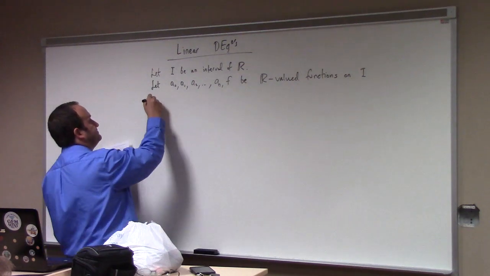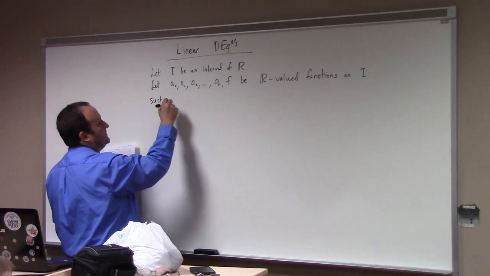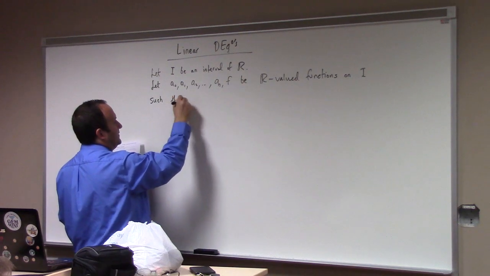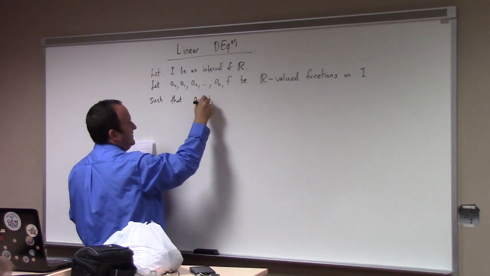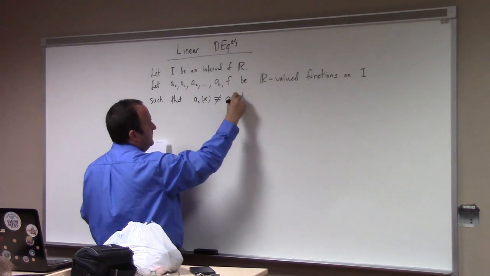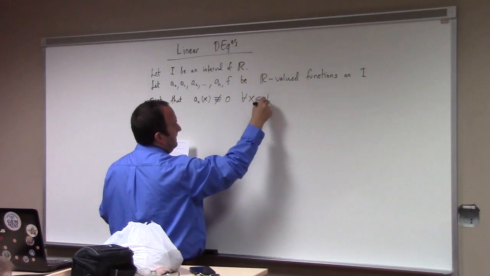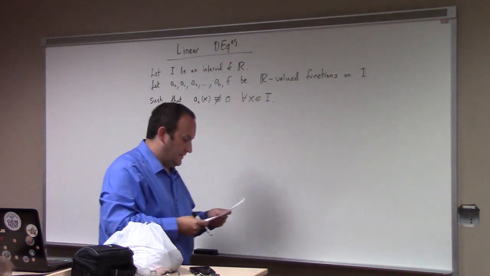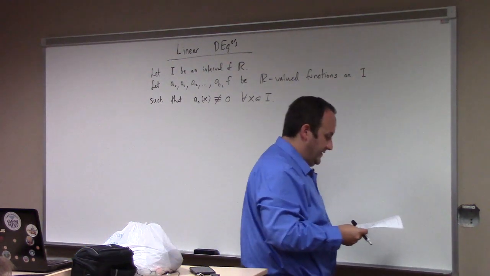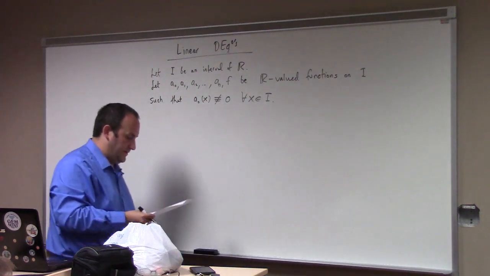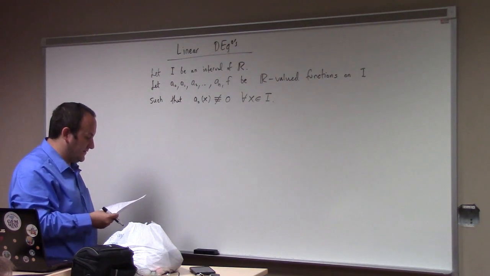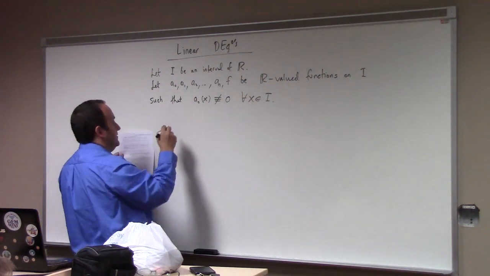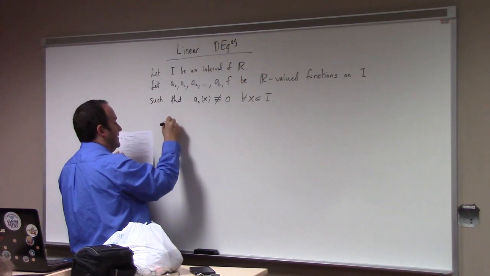such that we have component functions a0 through an, such that the 0th component function a0(x) is identically non-zero for all x in I. So we want to assume that the 0th component function is non-zero for every point in the interval which defines this differential equation. Given all this, and these can be functions, okay? These a sub zeros can be functions. And then here's the deal.